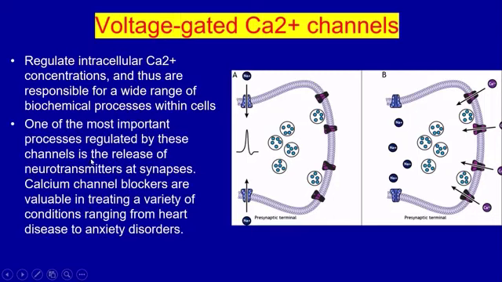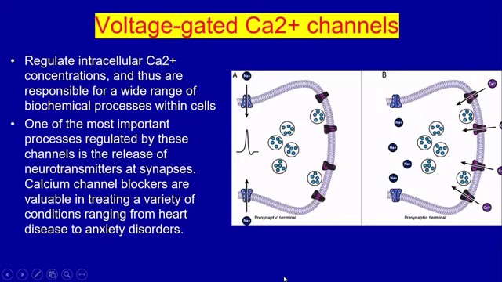One of the most important processes regulated by these channels is the release of neurotransmitters at the synapse. Calcium channel blockers are valuable in treating a variety of conditions ranging from heart disease to anxiety disorder.